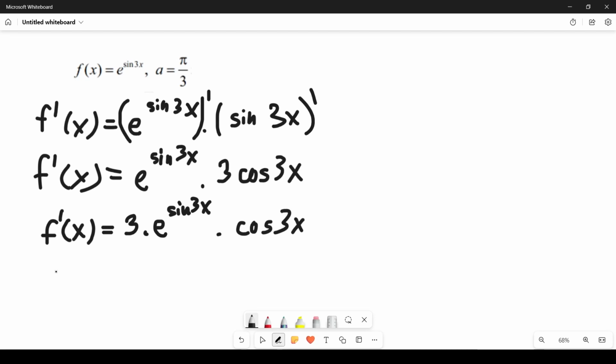And now when we want to find the derivative of the function for the number a, we don't really have to write this whole function down below and calculate with pi over 3, because here in the cosine we see that we have cosine of pi, which is just equal to 0, and this whole number is going to be something times 0, and the first derivative for a is going to be 0 as well.